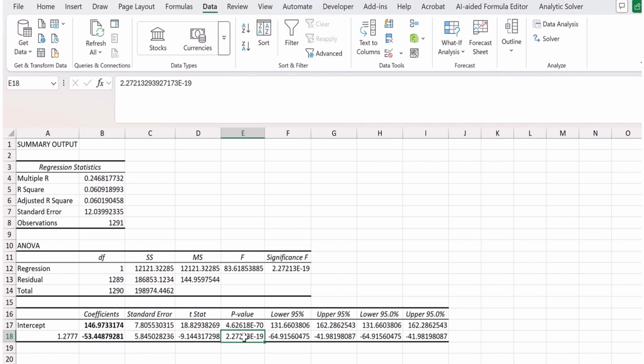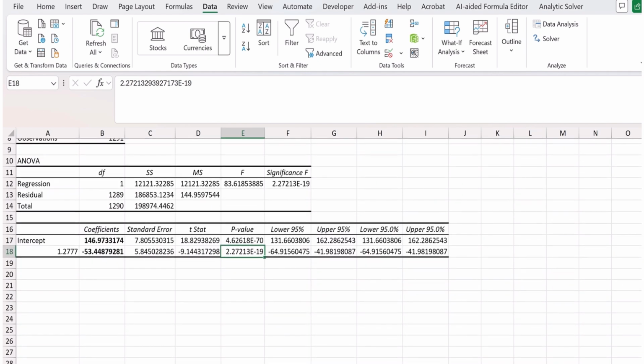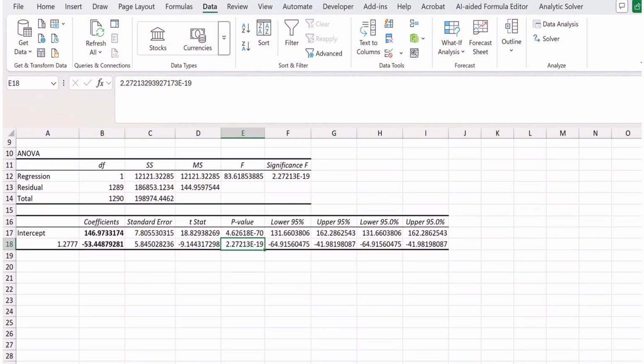And the F statistic strongly rejects the null hypothesis that the coefficient is equal to zero. This indicates that the negative relationship is not due to random chance. This is very important. However, this is critical, this part.